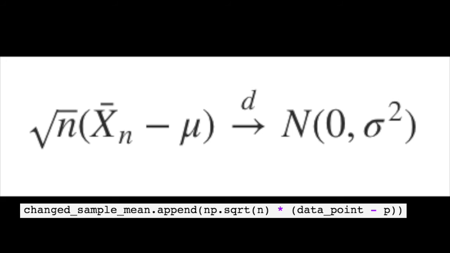So taking this step to modify the sample mean will later allow us to compare the histogram that we're going to create to a normal distribution with a mean of 0 and a variance of sigma squared. So for the purpose of this video, you can take this as somewhat of a given. But if you're interested in why it works, you can check out a link in the description.